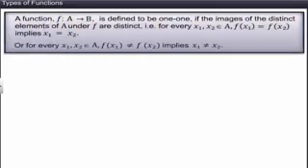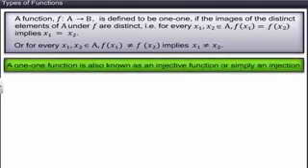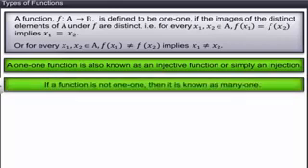Or, if f(x1) is not equal to f(x2), then x1 is not equal to x2. A 1-1 function is also known as an injective function, or simply an injection. Further, if a function is not 1-1, then it is known as many-1.